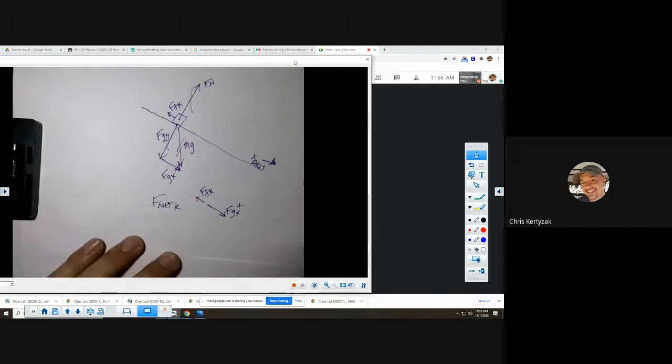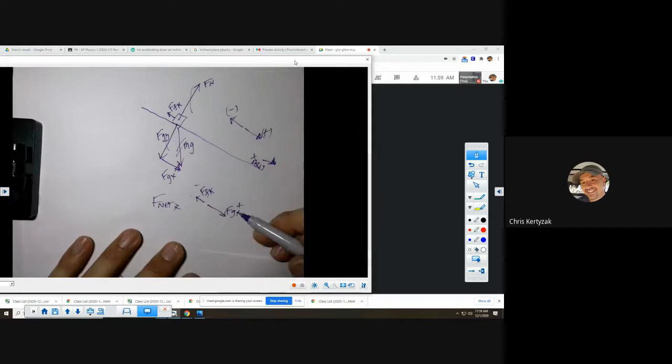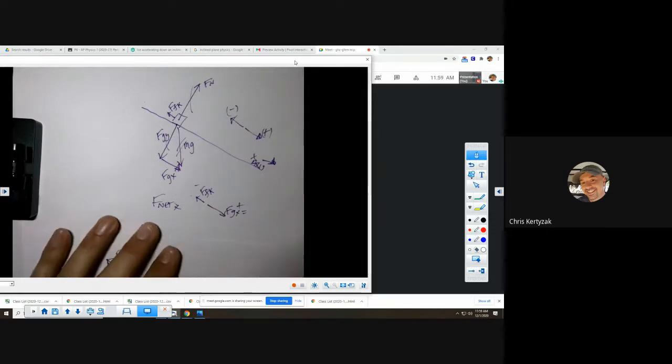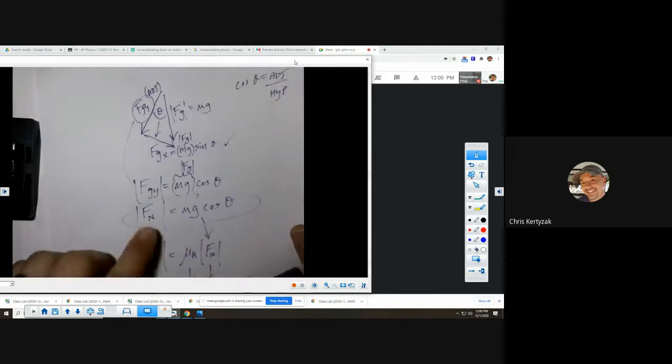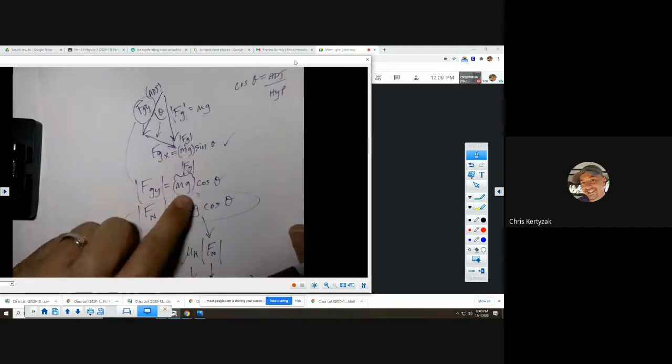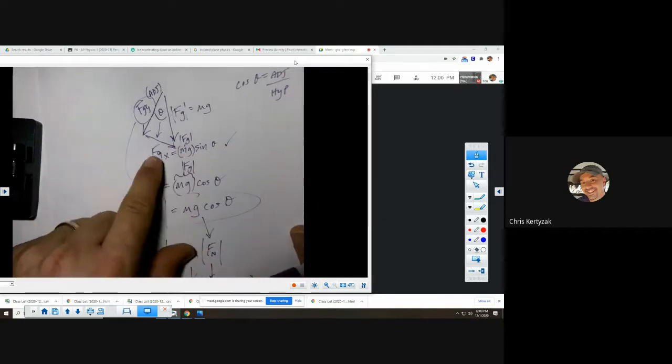It's sliding down, so let's call that plus, and let's call away from the direction of motion minus. You have the right of doing that. So this will be a minus, and this will be a plus. We have expressions for all of these things. FGX was mg sine theta, right?